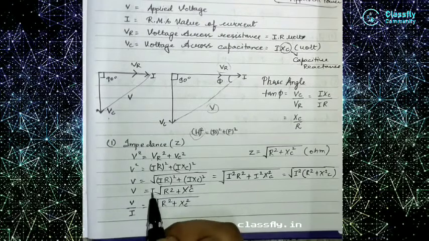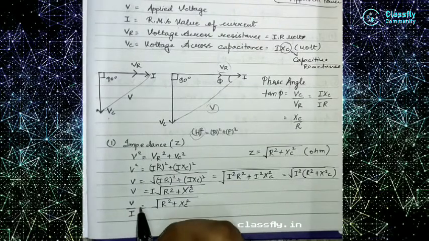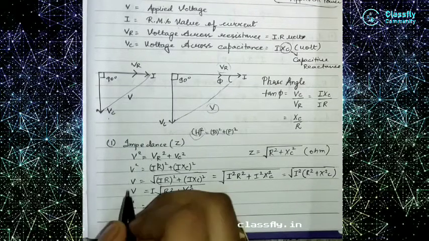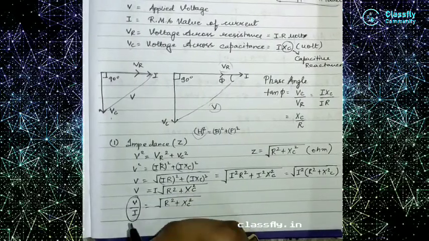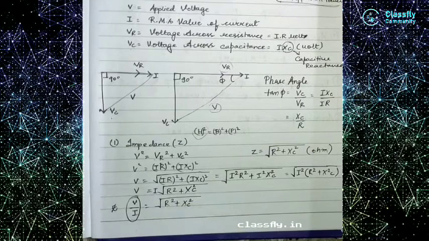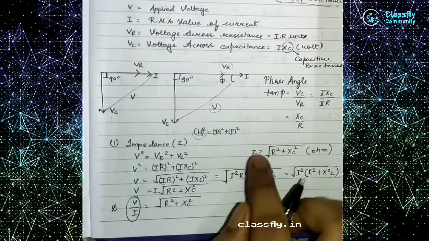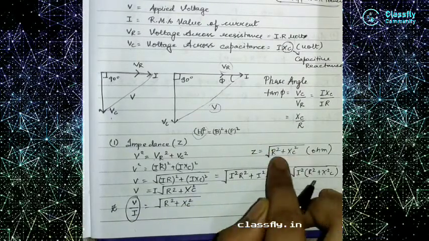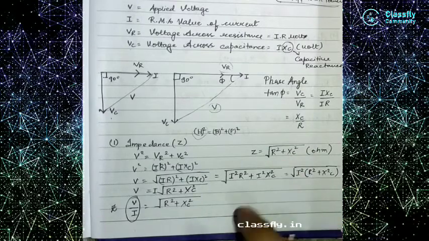Now when I bring this I down, that is V by I, we know that voltage by I is our impedance. So Z is equal to the square root of R square plus XC square. So we got our impedance.